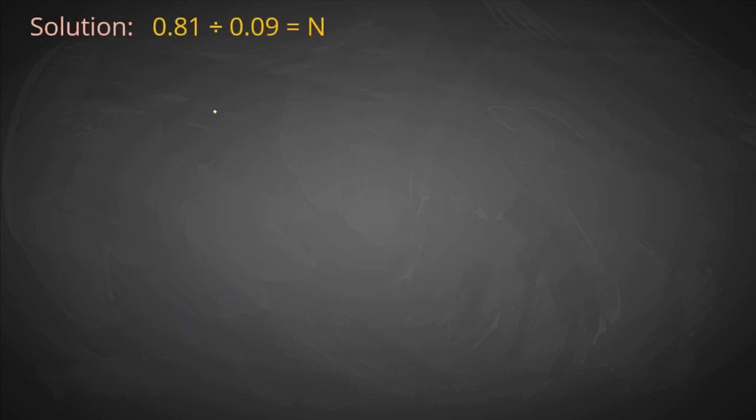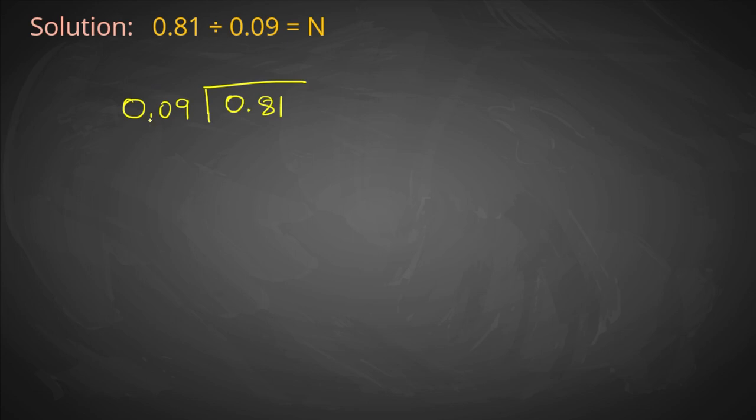So sa solution, isusulat ko lang ulit. 81 hundredths divided by 9 hundredths. Kung mapapansin nyo dito, yung divisor, which is yung 9 hundredths, ay decimal number na rin. So, pag ganito ang gagawin natin, para mas madaling mag-solve, gagawin natin siyang whole number.